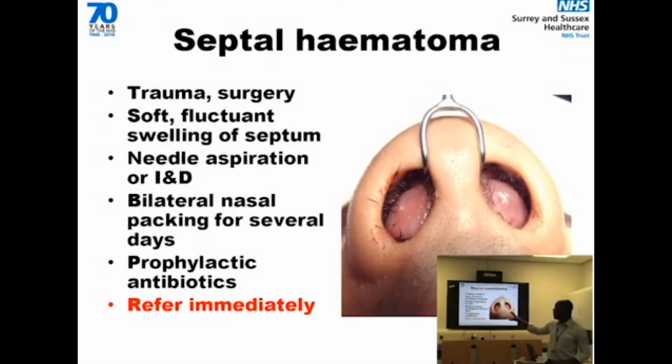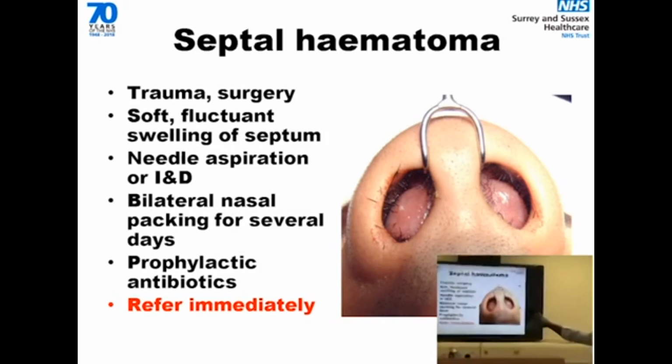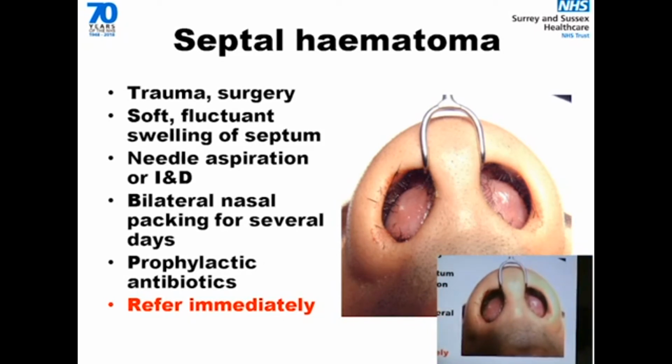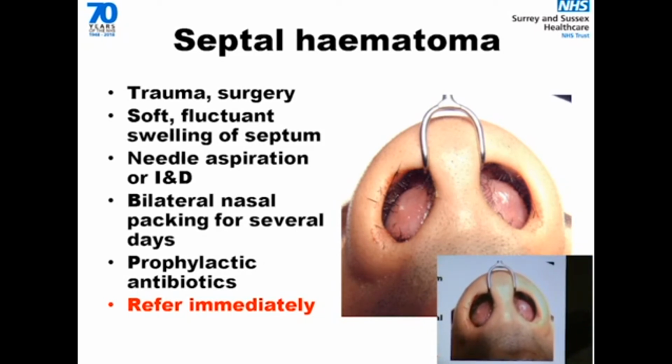Now, I left septal haematoma here because when you see a patient with a nasal injury, it's important to look into the nose clearly with a light. If the patient has a septal haematoma, like you can see from the picture, it will have a soft, fluctuant swelling in the nasal cavity. This is just a bleed under the mucosa of the nasal septum.